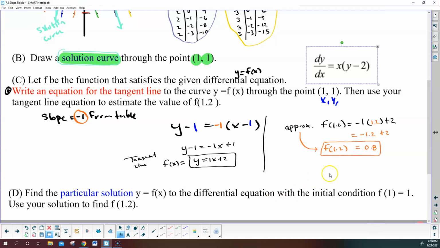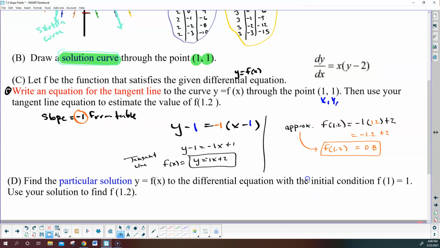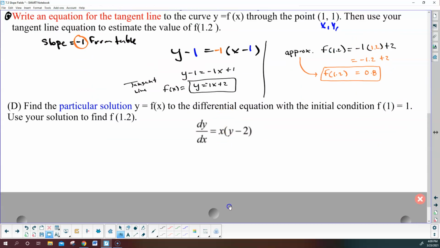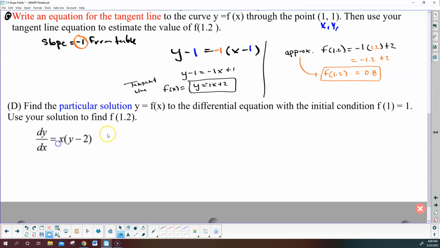Okay, so now how do I check that? Because this was what the tangent line would tell me the value is equal to, but what about the actual particular solution? So now we're going to take this given differential equation, and we're going to do all that same work. This is really good stuff to review for tests and quizzes.